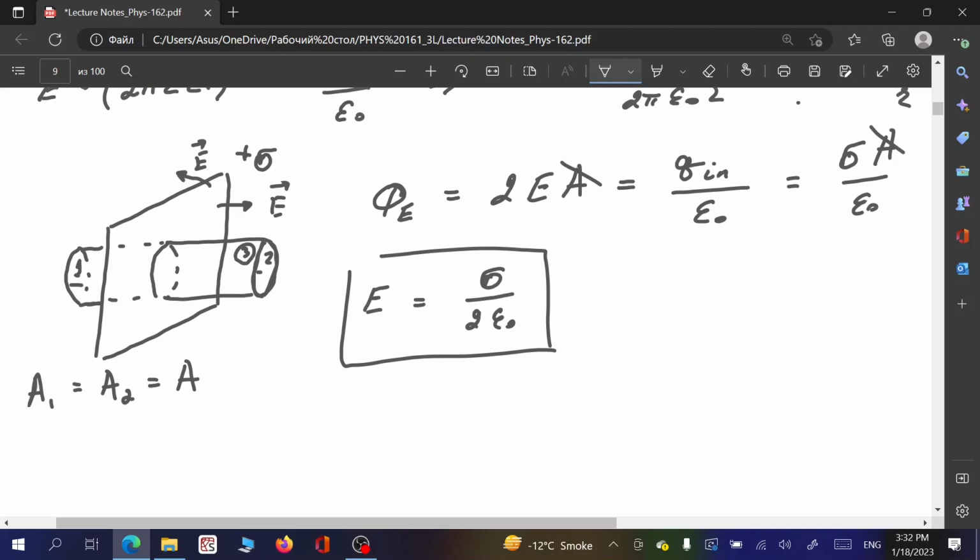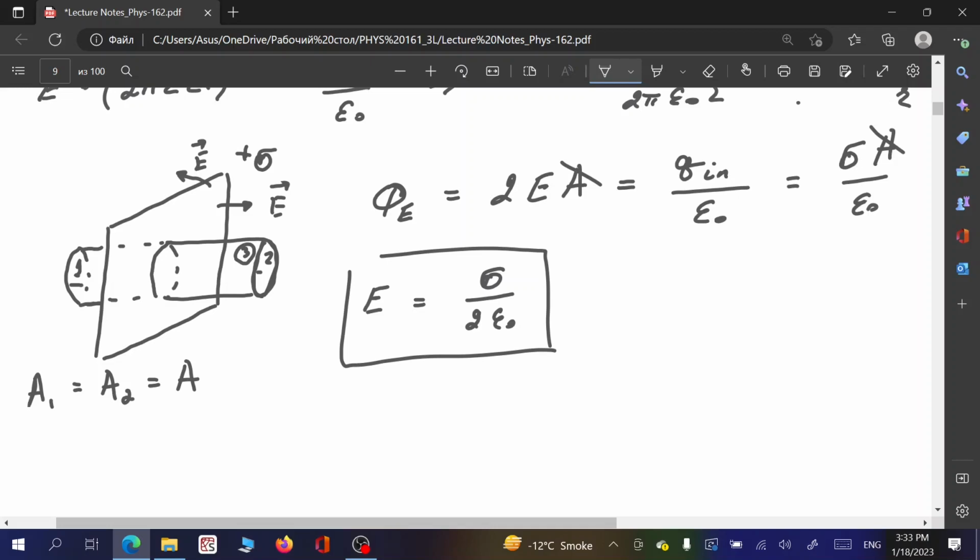We also need to mention that the electric field created by these charges placed on the surface of a conductor in electrostatic equilibrium will always be perpendicular to the surface of the conductor.